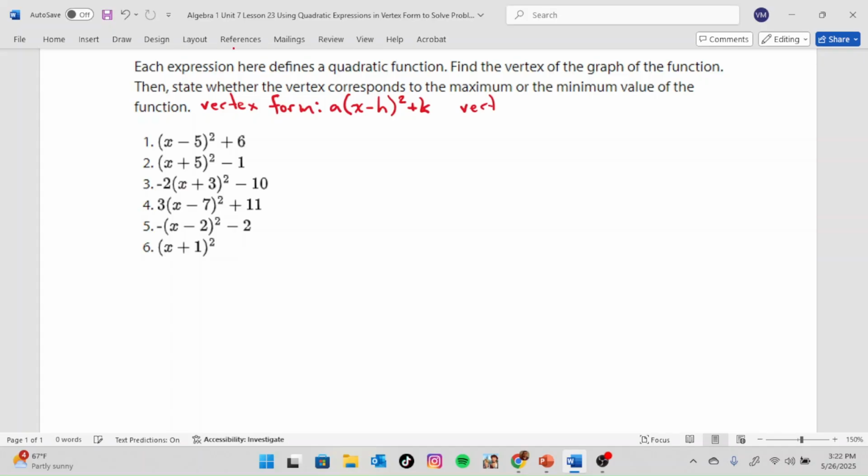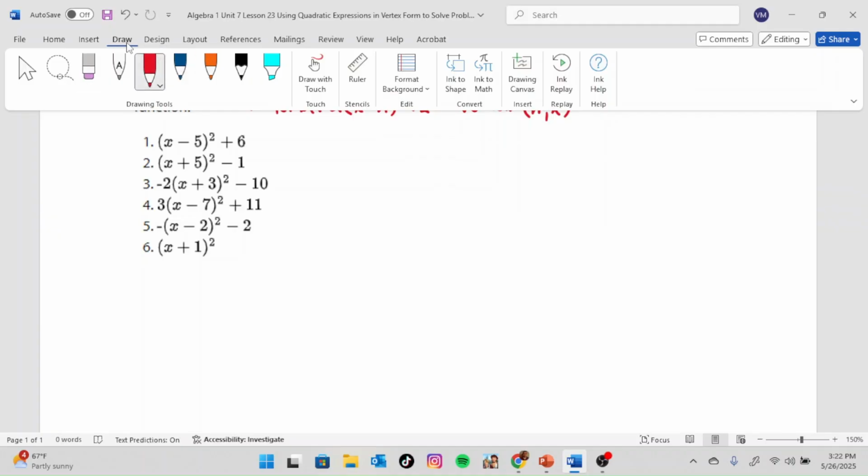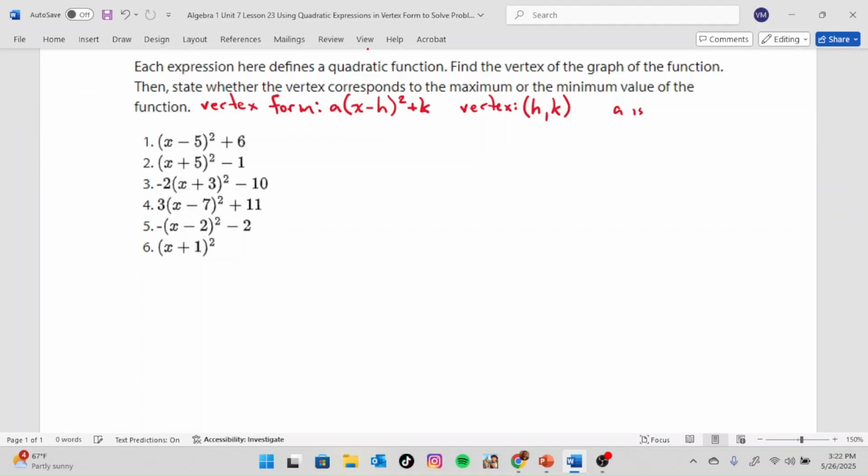The vertex itself has the coordinate h, k, and the a term, if a is positive, then that means the parabola opens up, so the vertex is at the bottom and represents a minimum.